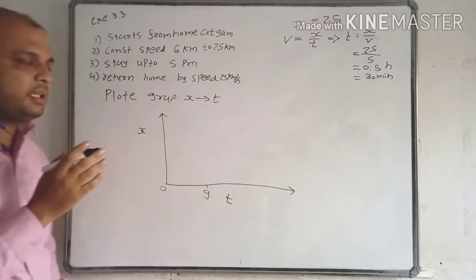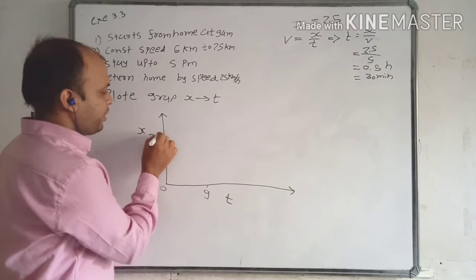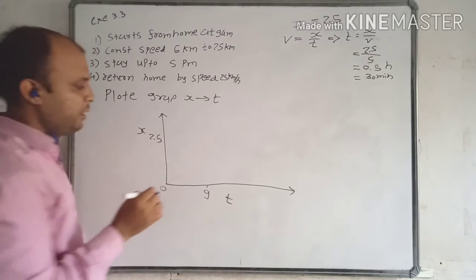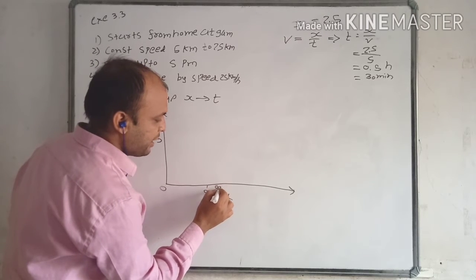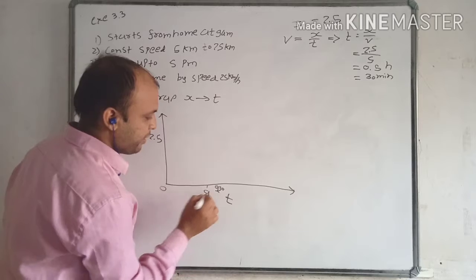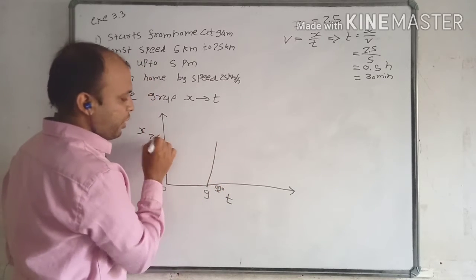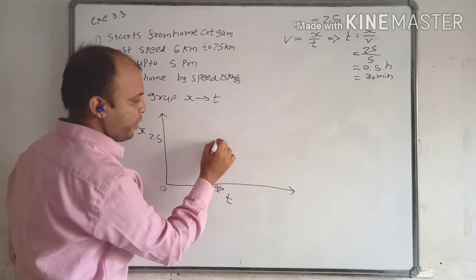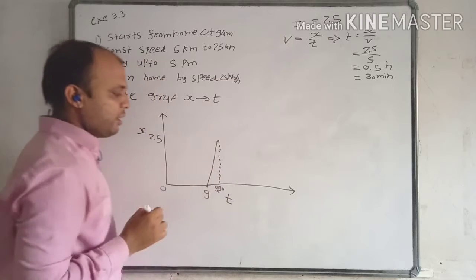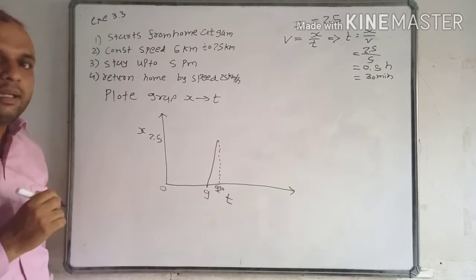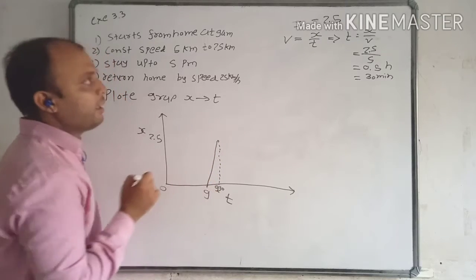That is an easy numerical. So we draw up to 2.5 km on the y-axis and on the x-axis up to 9:30 a.m. We can take the slope like this.